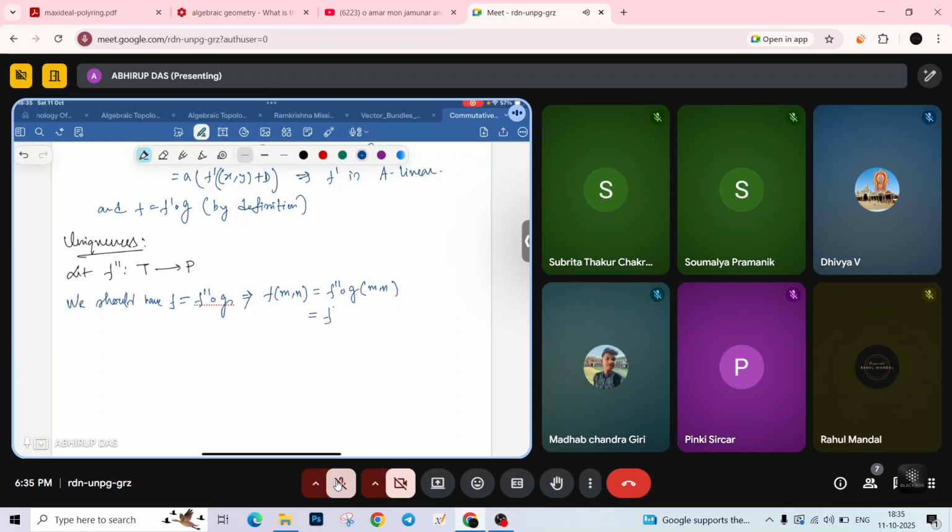Which implies f prime of (m, n), you see under the map g, we have this equal to (m, n), right?